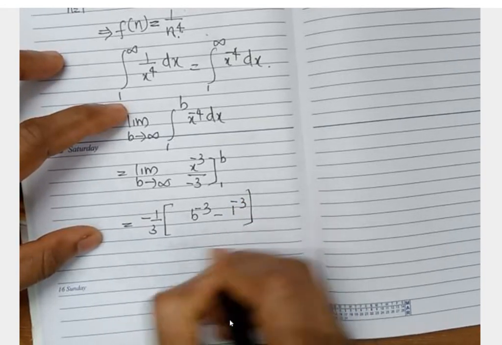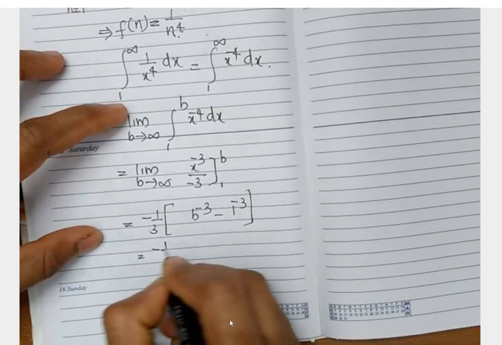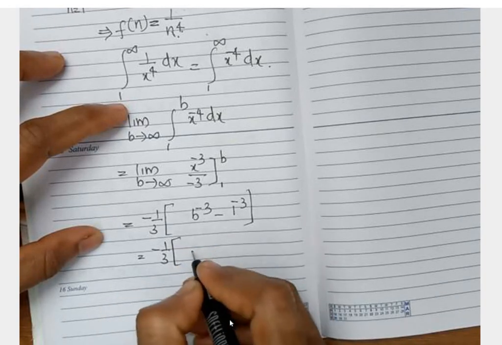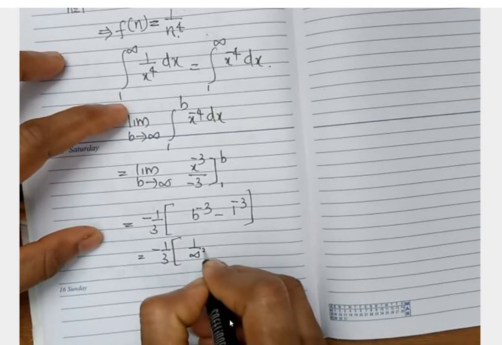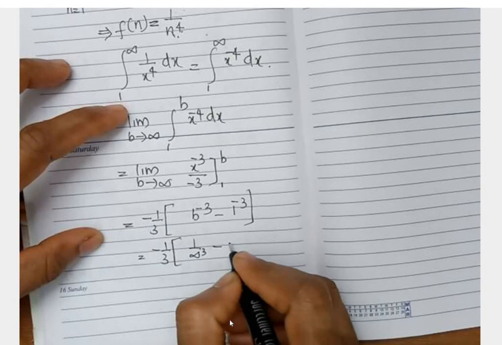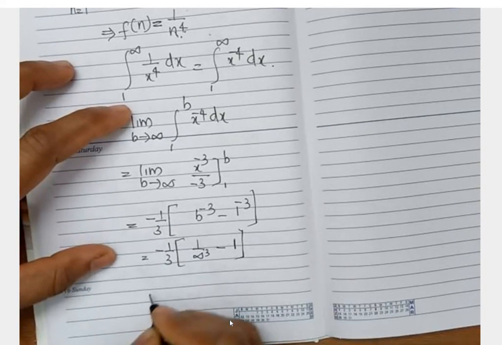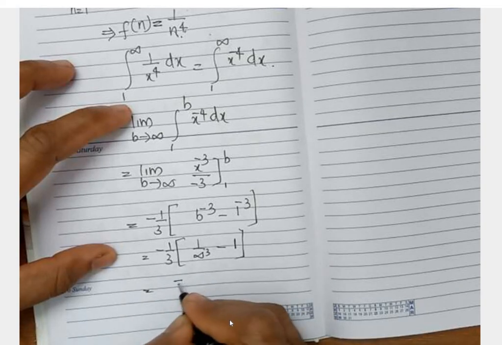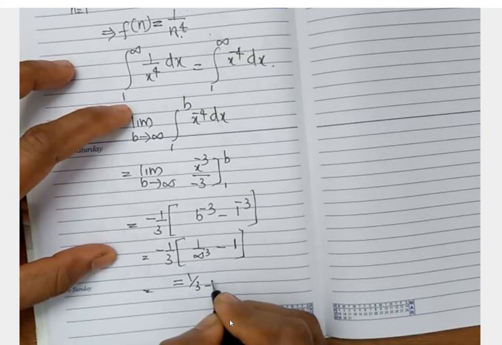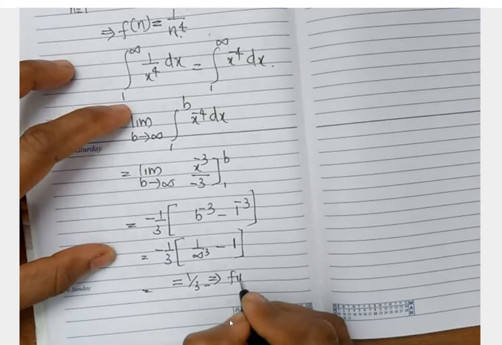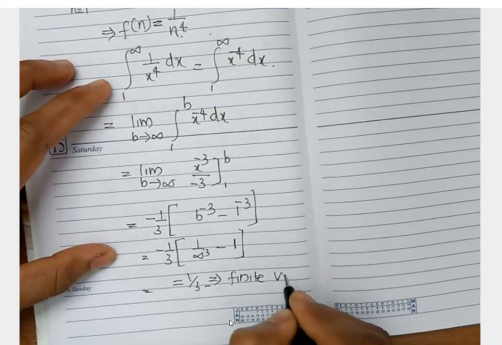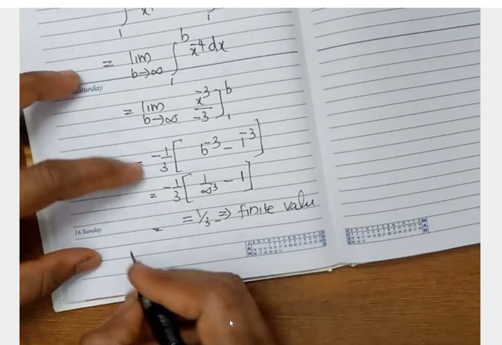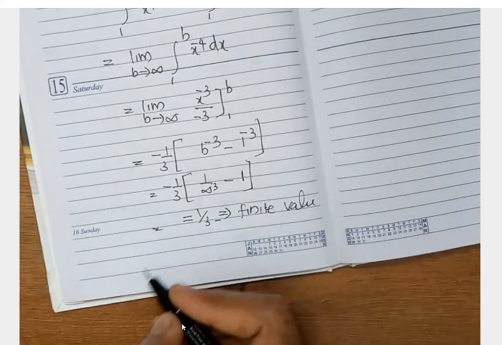That is equal to minus 1 by 3 into (1 by infinity cubed minus 1), which is 0 minus, so equal to 1 by 3, a finite value. That means this integral converges, so this series converges.